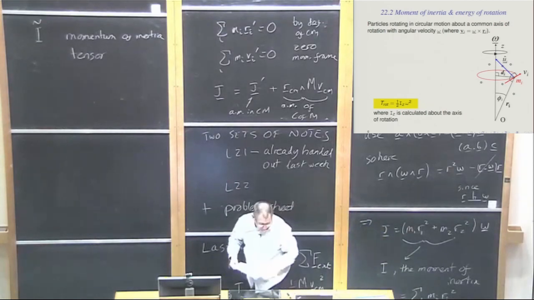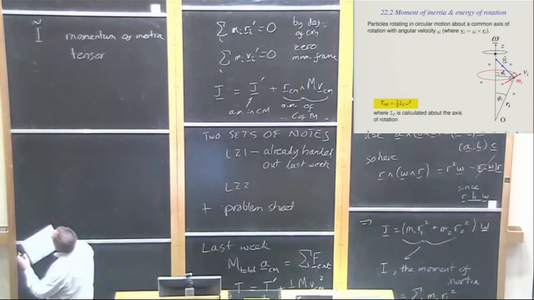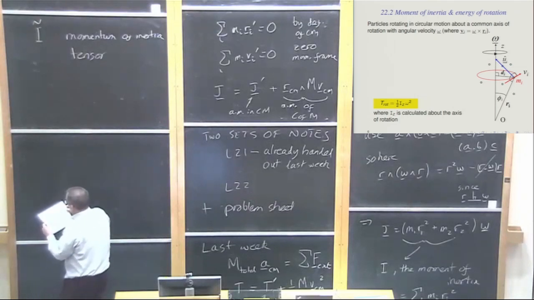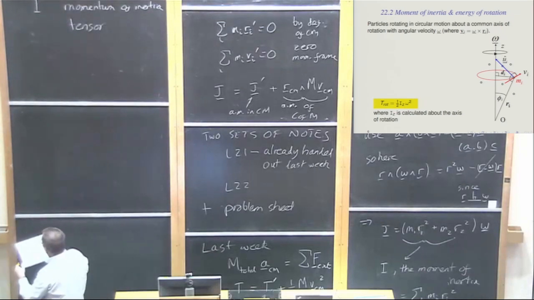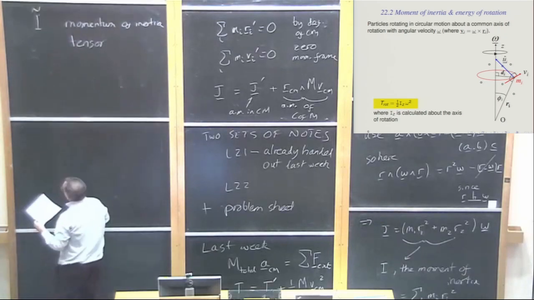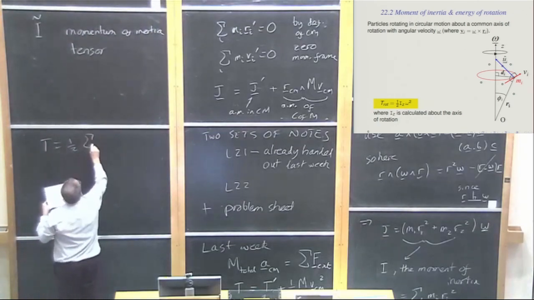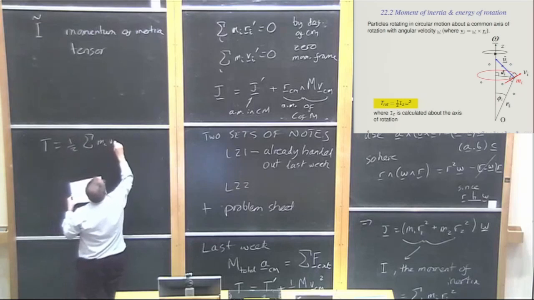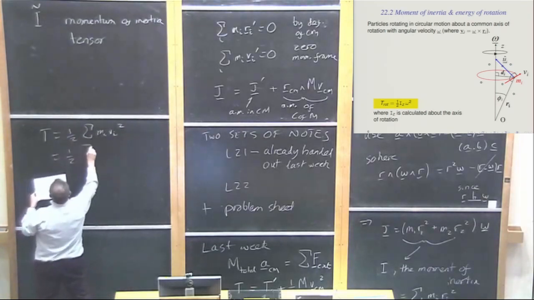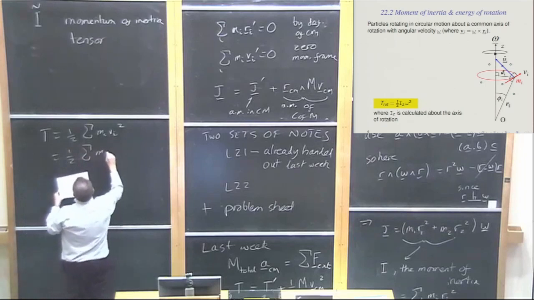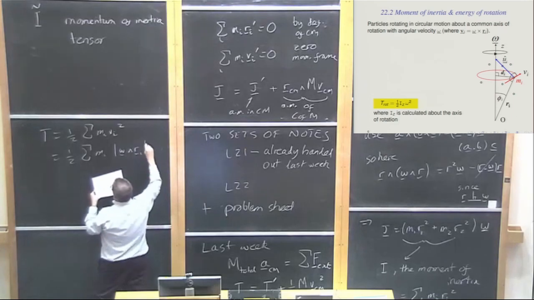Okay, so finally, and very finally, I want to talk about moments of inertia and energy of rotation. So again, this is our general spinning body. Let us work out what the kinetic energy is. T is a half sum over m_i v_i squared, which we can write as a half m_i (omega cross r_i) all squared.